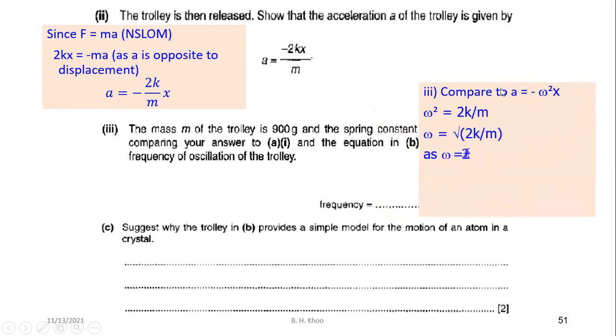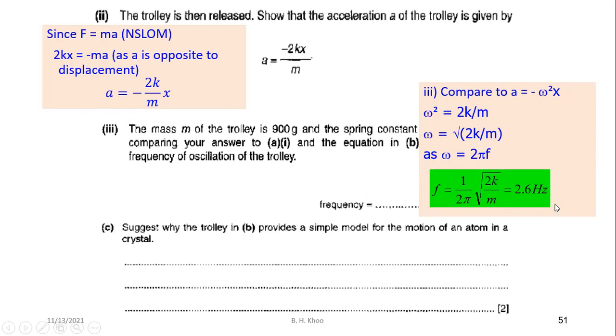That's what we have derived. Take the x down: 2k over m equals omega squared. Then we take the square root. Remember, omega is 2 pi f, so take the 2 pi down: f equals omega over 2 pi. Put in your values and calculate.